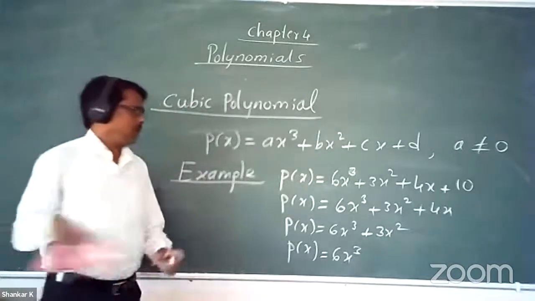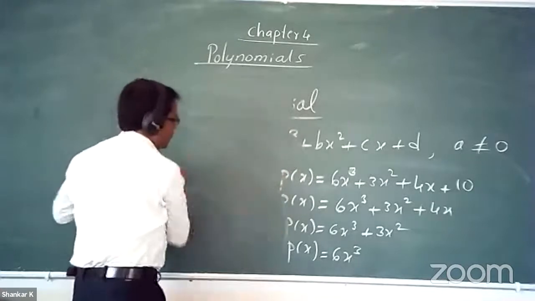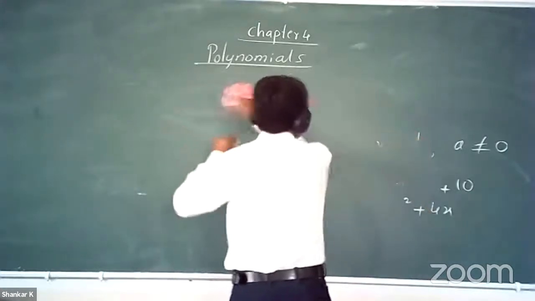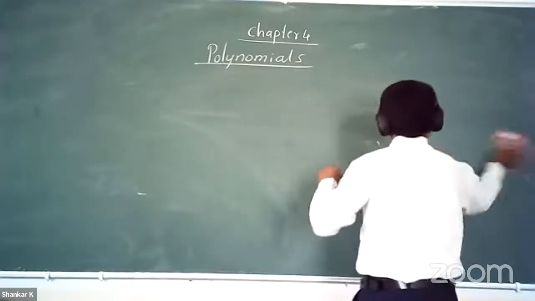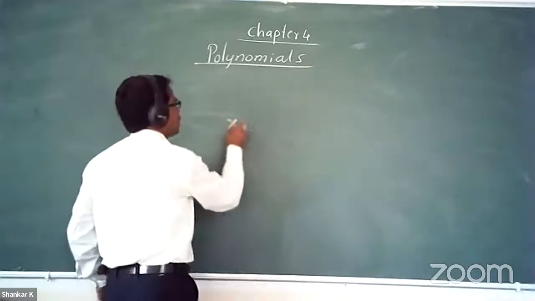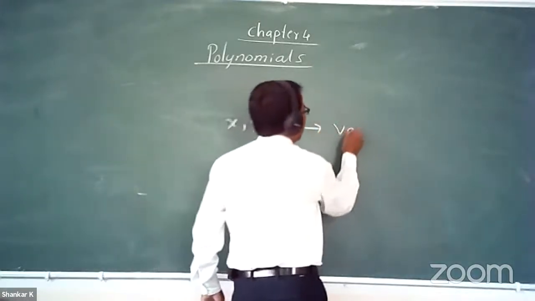One more thing I will tell here is that throughout the textbook, x, y, z are used as variables. Small letters x, y, z. These are all variables.